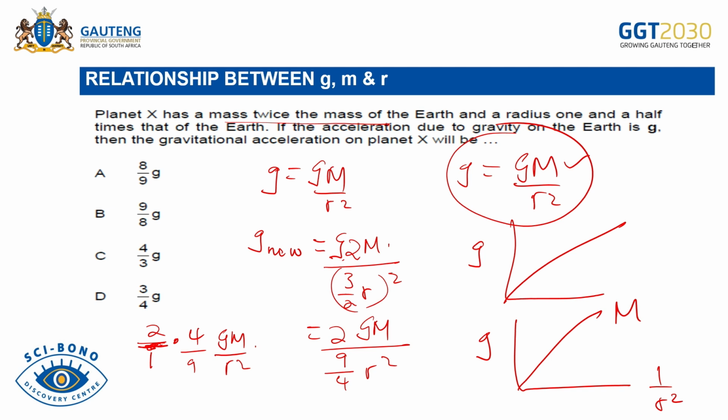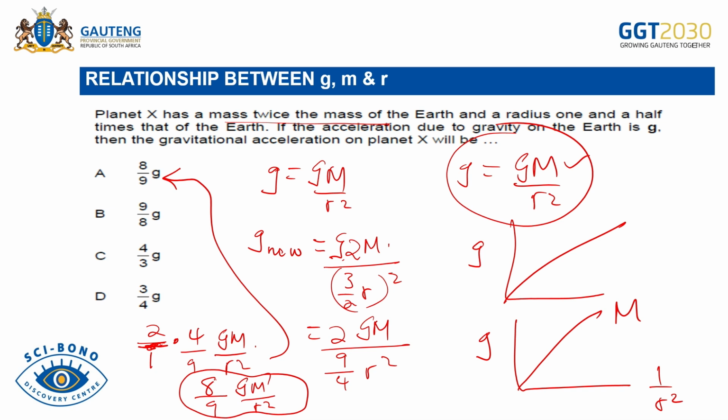So 2 times 4 is 8 over 9 GM over r squared. Do we have this as one of the options? Yes, it's one of the options. So this is how we have to do it.